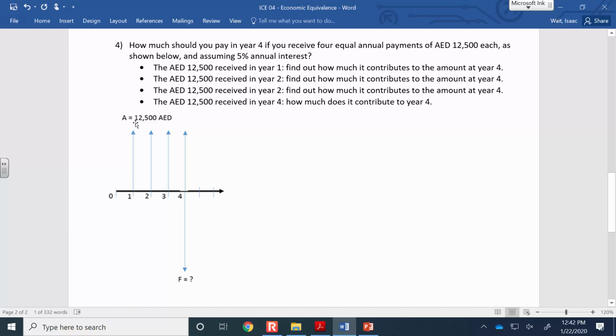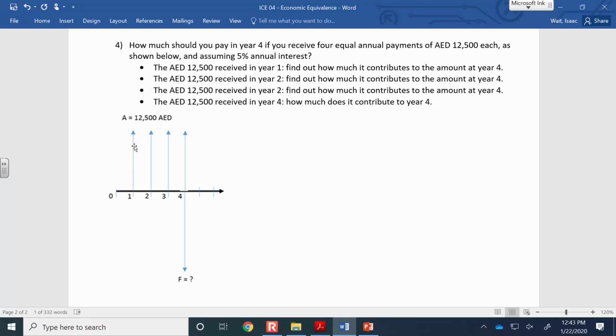What we're saying is this amount that's here at year 1, I called amount A. And then the amount in year 2, I call that amount B. And the amount in year 3, I call that amount C. And then this arrow at year 4 is D.